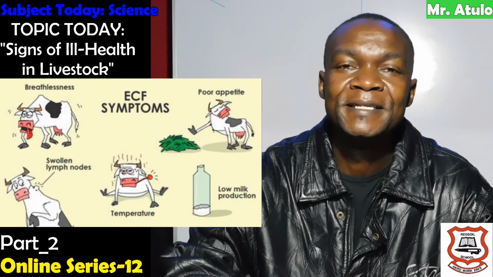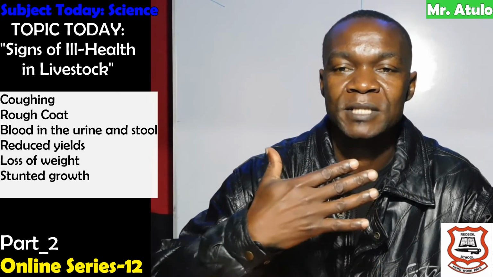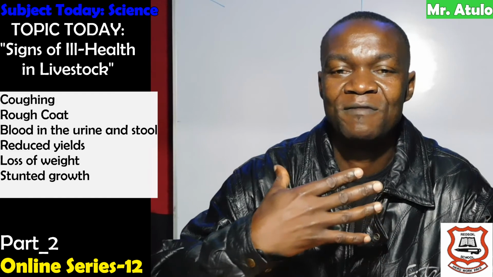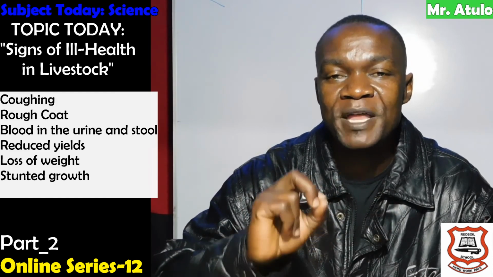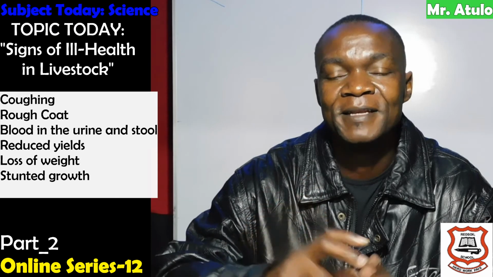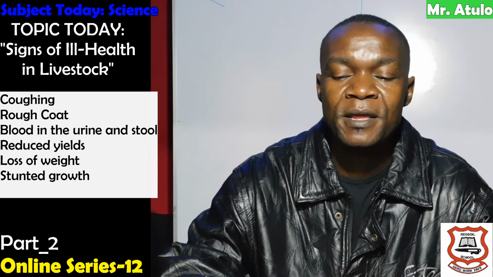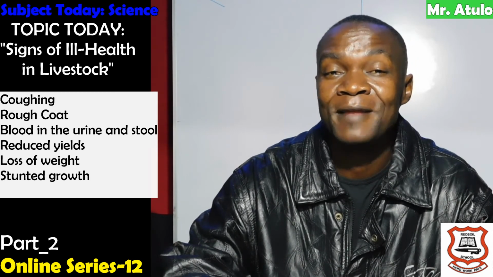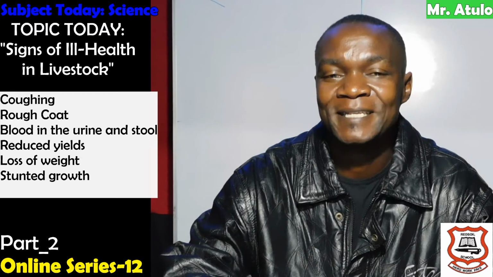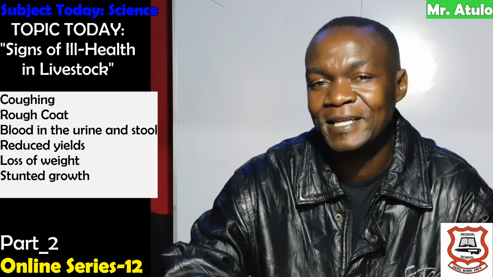Number two is a rough coat. The animal's outer surface, the fur or skin, is supposed to be smooth. But anytime you find it looking rough, that is a sign of sickness in this animal. Number three is when you observe the urine and the stool of this animal and find blood stains in them, then that is a sign of sickness.